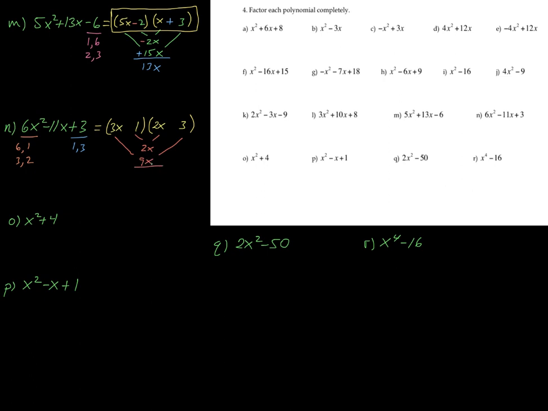Can I combine these in a way to get a negative 11x? Well, the answer there is yeah, I can. If I make both of those negative, that would give me my minus 11x. And so here I want those both to be negative. Okay, so that will do it.